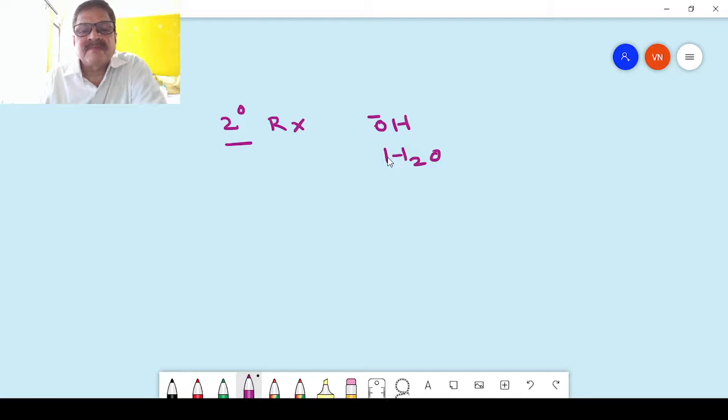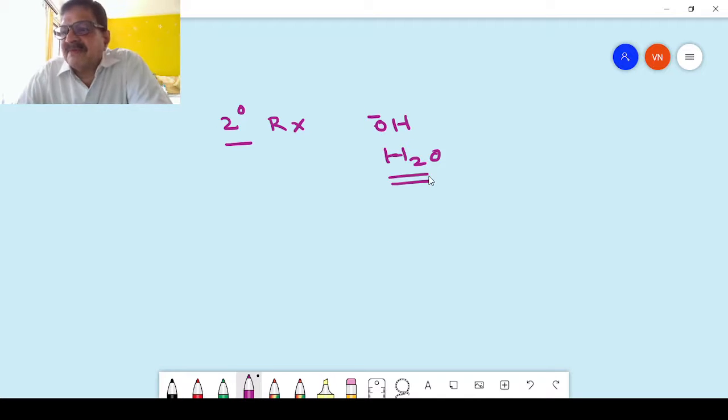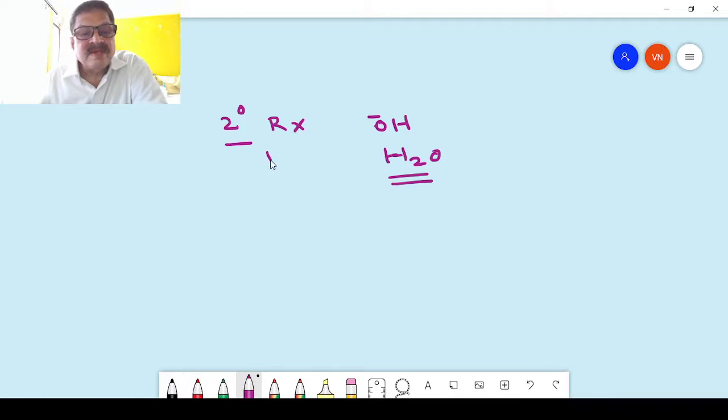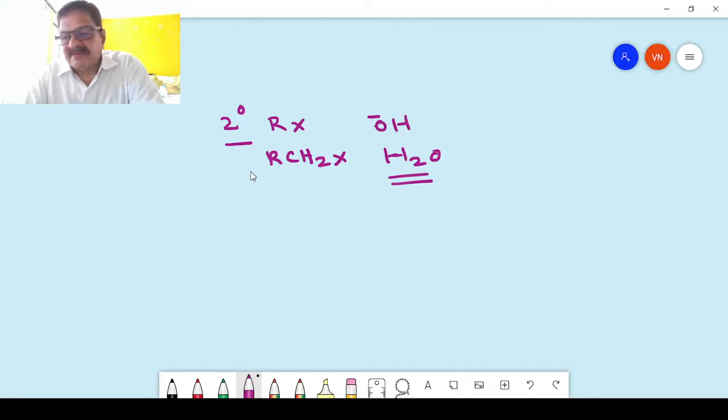Strong nucleophiles always favor an Sn2 mechanism; we have seen that. Strong nucleophile present in high concentrations favors an Sn2 mechanism. A secondary alkyl halide, CH2X here, can react with OH minus, a strong nucleophile, and with a weak nucleophile. It will depend upon the strength of the nucleophile.